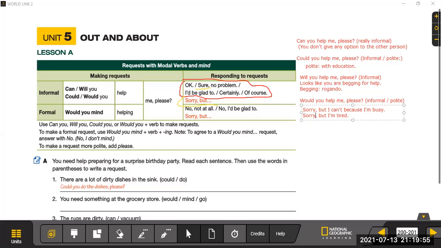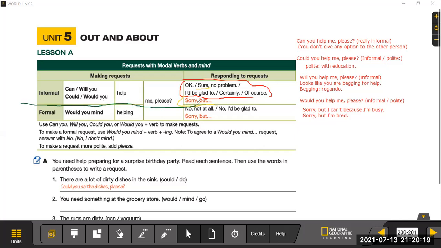Sorry, but I can't because I'm busy, because I have a test, because I'm hungry, because whatever. It doesn't matter. Always you have to say sorry first. Any questions so far? No questions? No, teacher. Everything is clear.